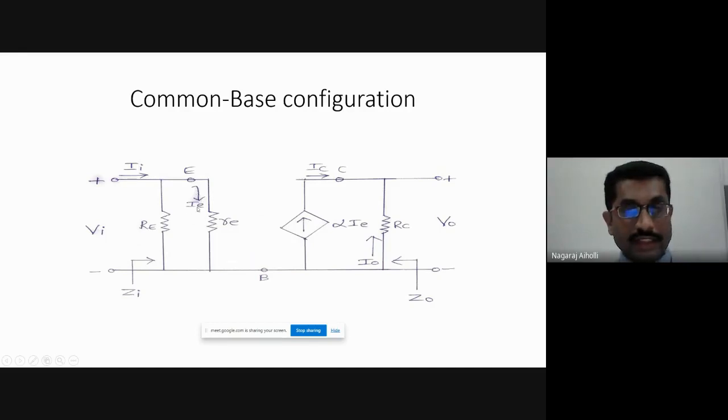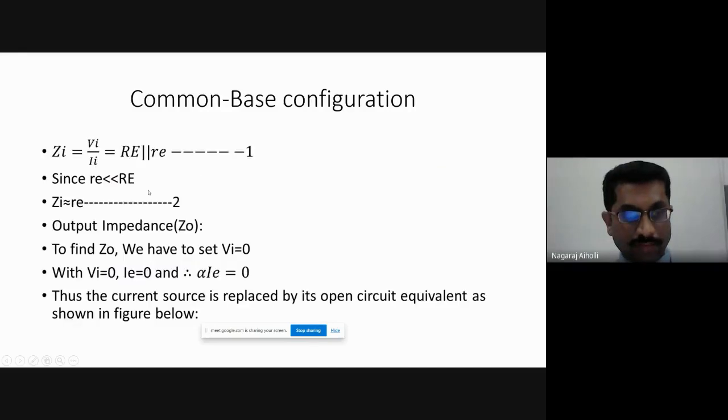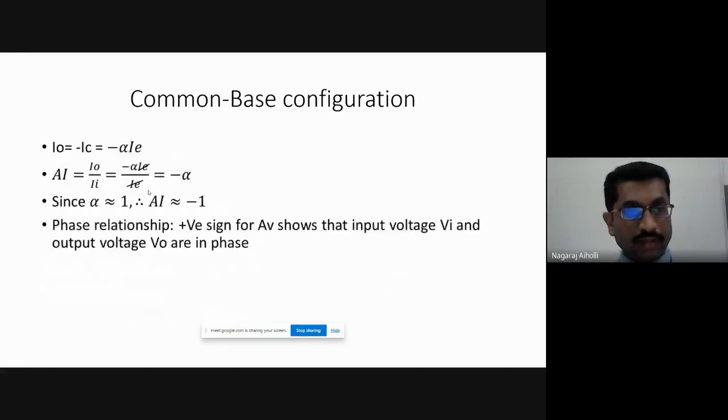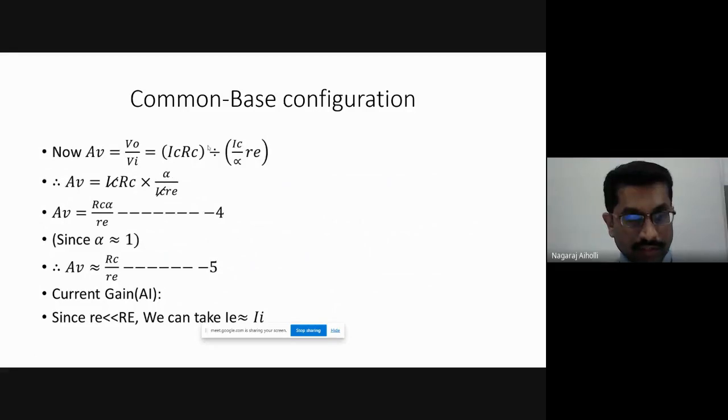Therefore, IE is considered as approximately equal to input current Ii. That is what I have written here. As capital RE is greater than small re, we take IE approximately equal to Ii.